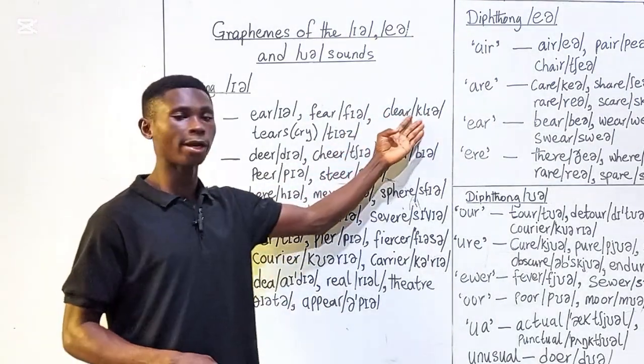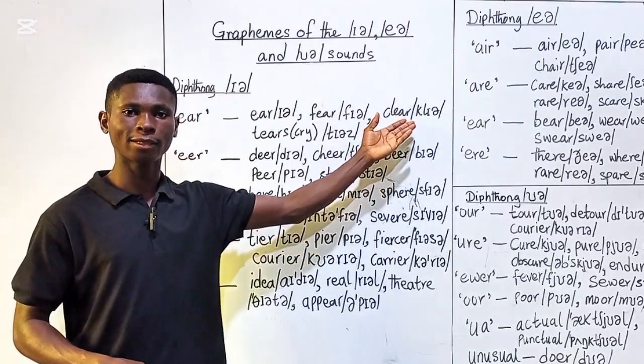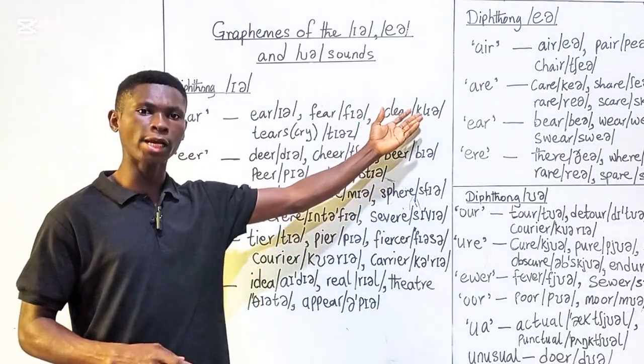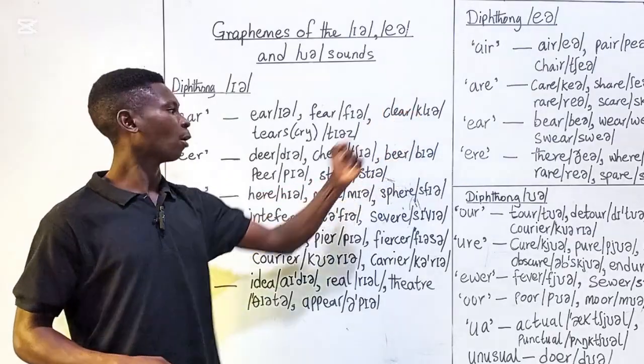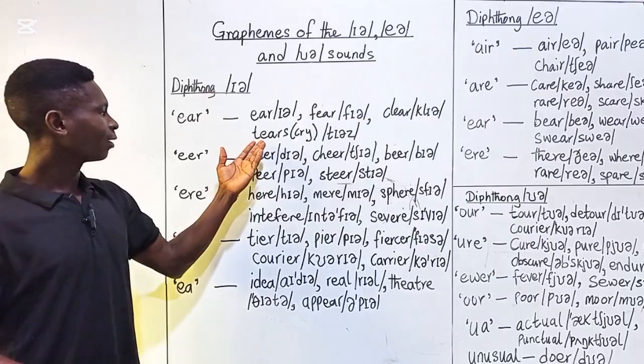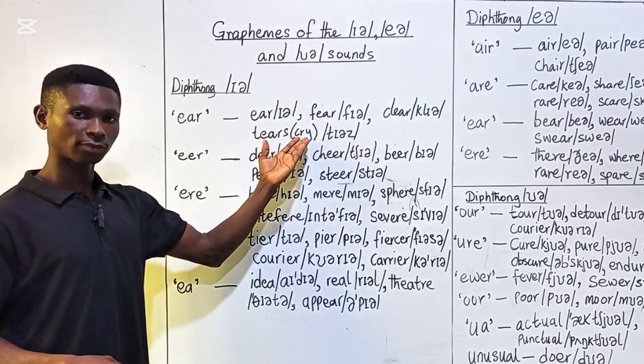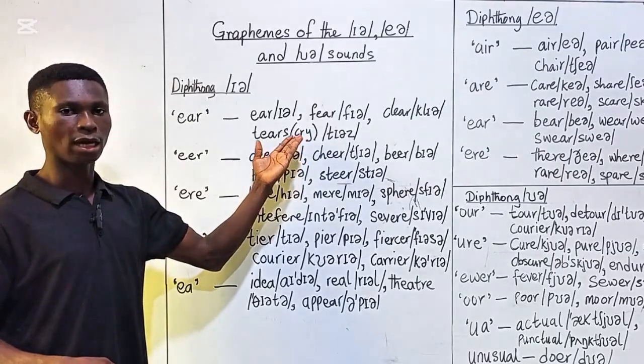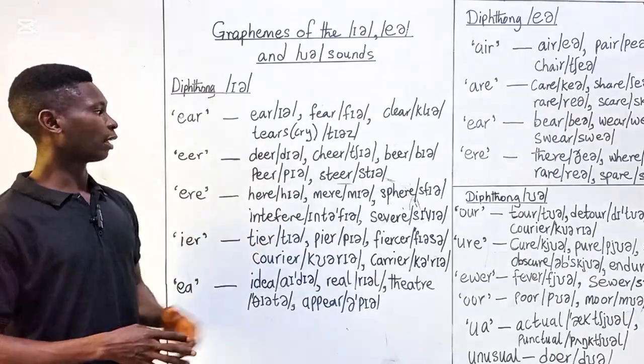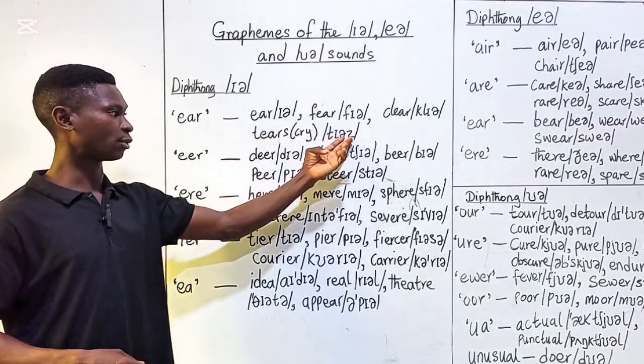So this is clear, clear, not clair. I can see clearly, not clairly. All right. Then we have here tears, when it comes to the action of crying. So that's where you have it pronounced this way.